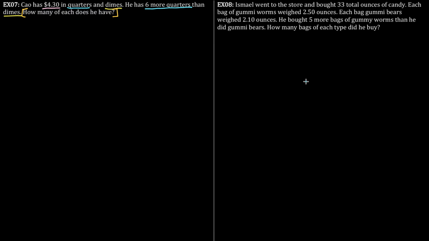So always write the variables. Okay, so I'm going to put Q is number of quarters. Don't put quarters, but number of quarters. And then D for number of dimes.